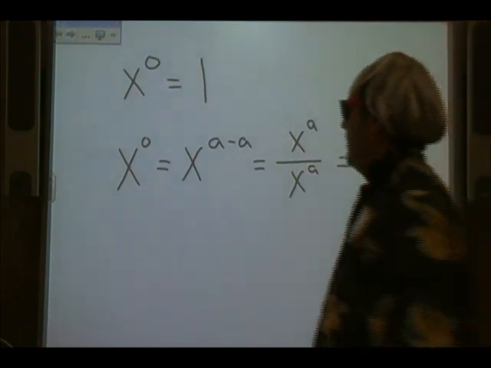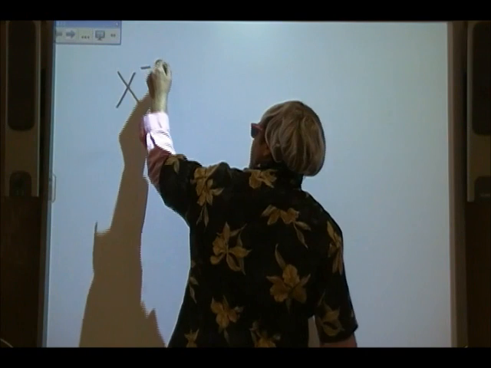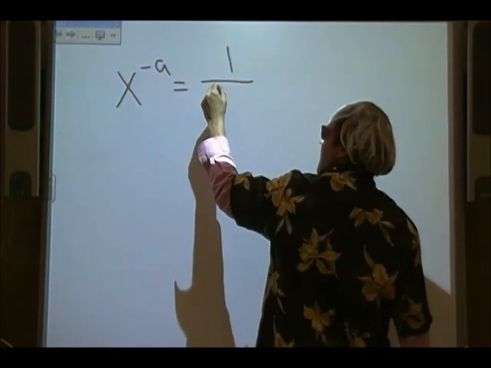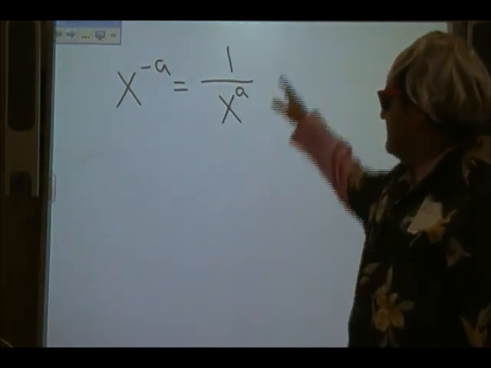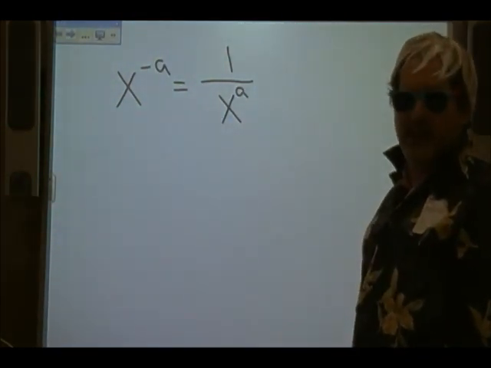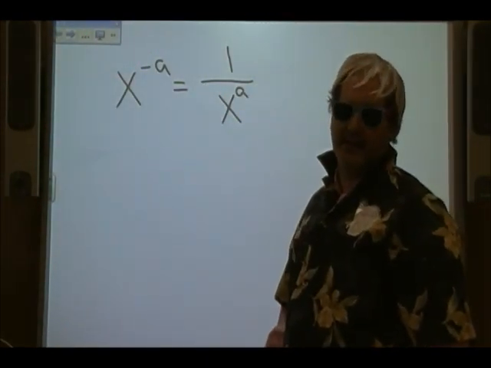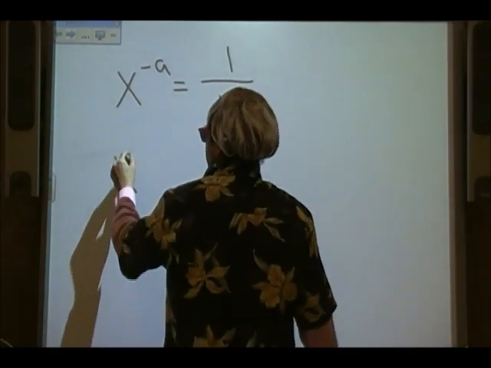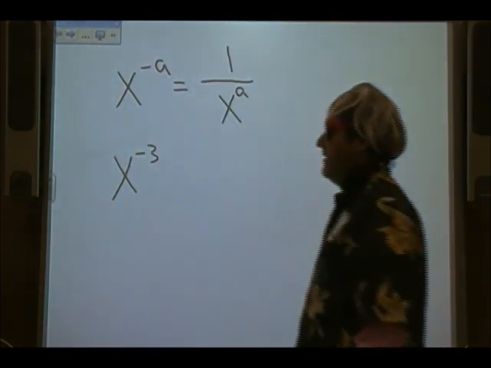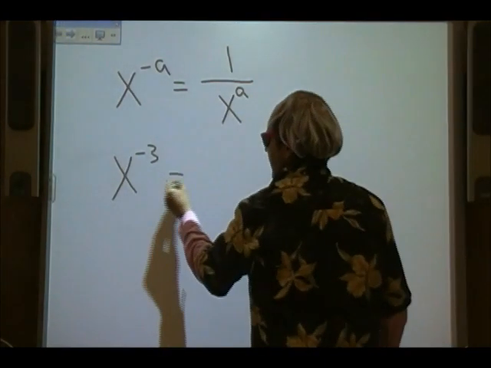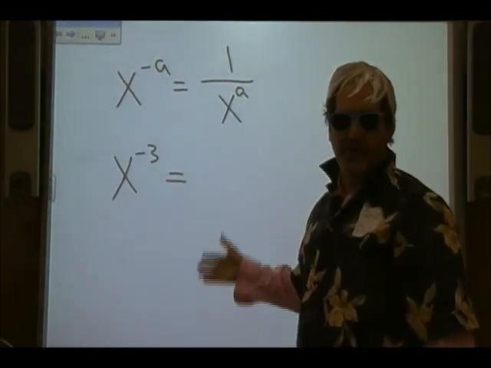What's another one? How about negative? This, x to the negative a, is defined by 1 over x to the a when you have a negative exponent. And let's see why that is. Well, if I were to give you x to the minus 3, let me try to get two numbers where I can have a difference of 3.